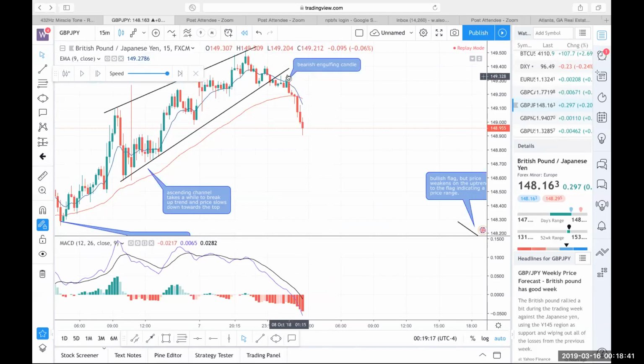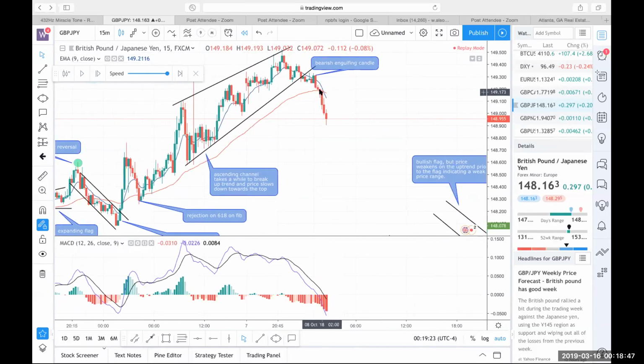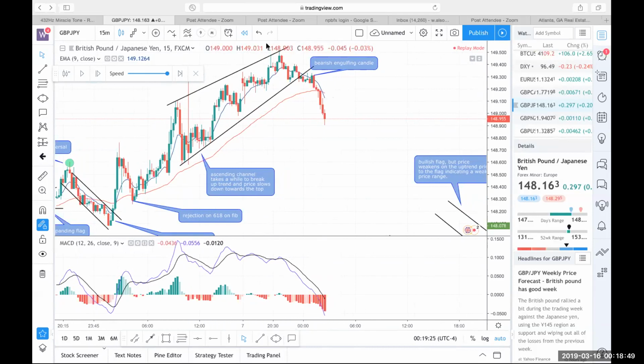And the fact that it's a sell candle, a bearish candle, makes it the bearish engulfing candle. And now you got your divergence as well. Your break, retest, engulfing candle, divergence, crosses for your EMA, and the crosses for your MACD.